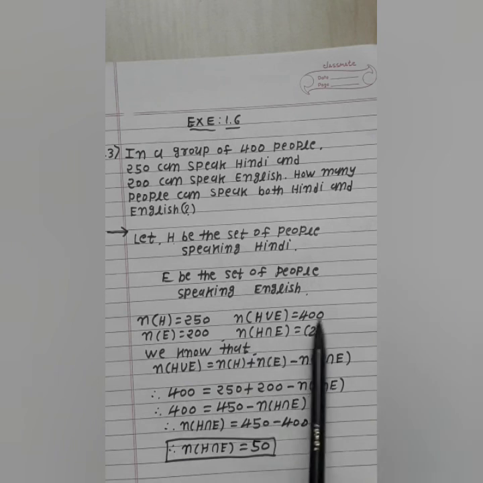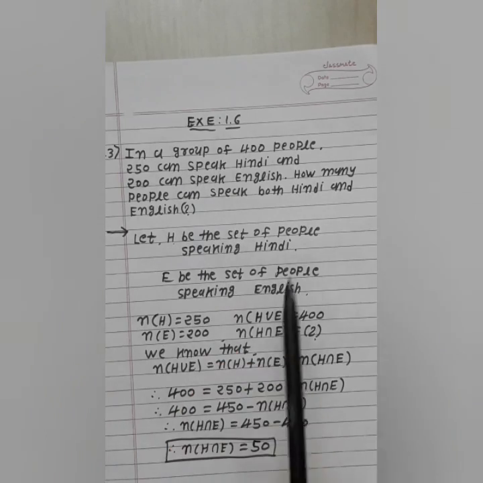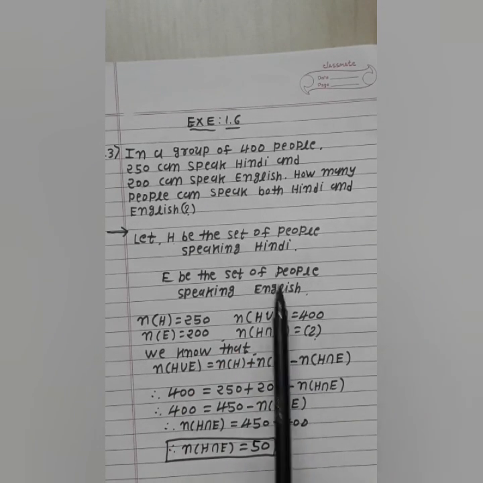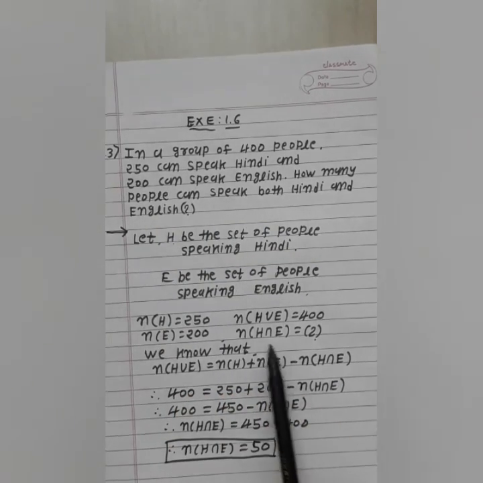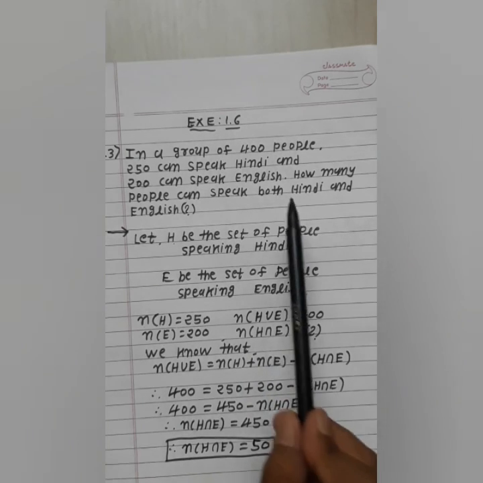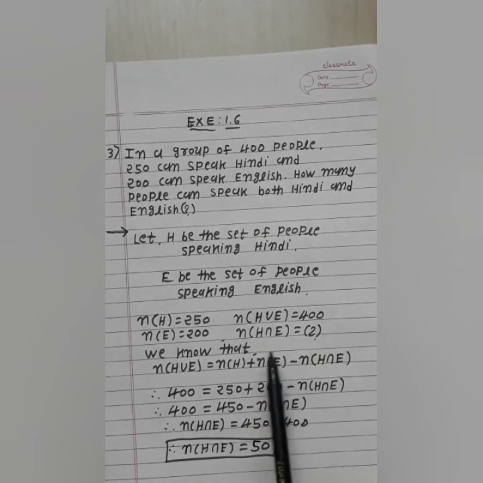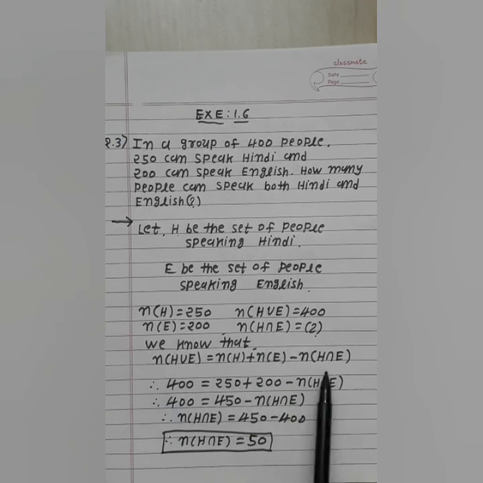The total number of people is 400, so N of H union E is equal to 400, and how many people can speak both Hindi and English? Find N of H intersection E. Using this formula and substituting the values, we get N of H intersection E is equal to 50.